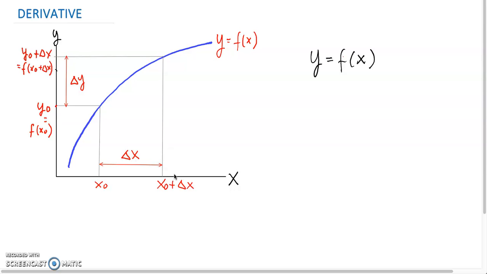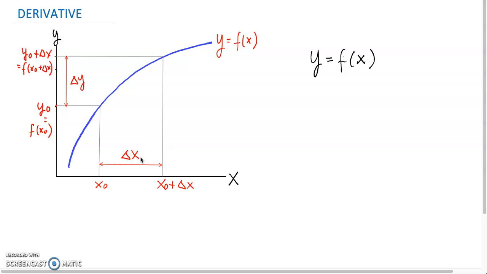So you just insert x null plus delta x into the function, and then you get y null plus delta y. Why is it y null plus delta y? Because the change of y minus y null is just delta y.